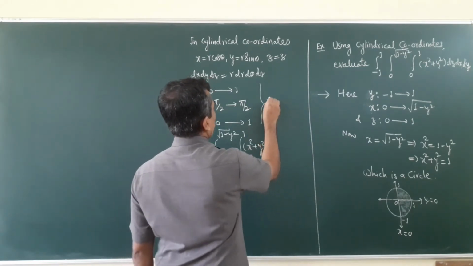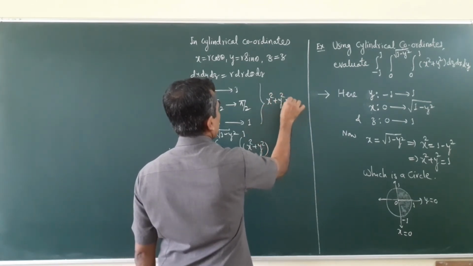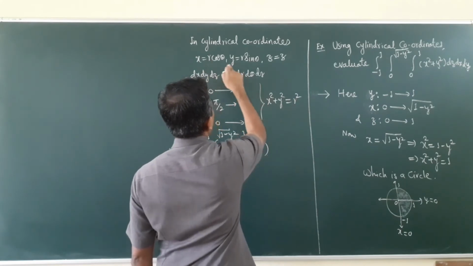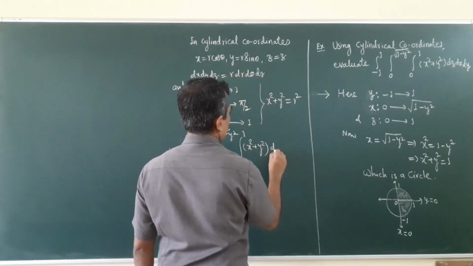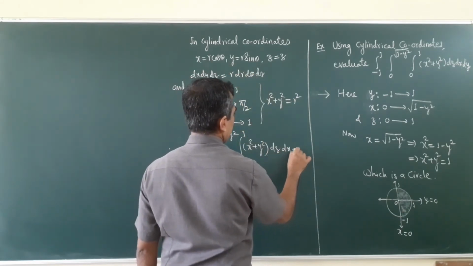Here what is x square plus y square? It is r square, right? x square plus y square will be r square. Then dz, dx and dy.